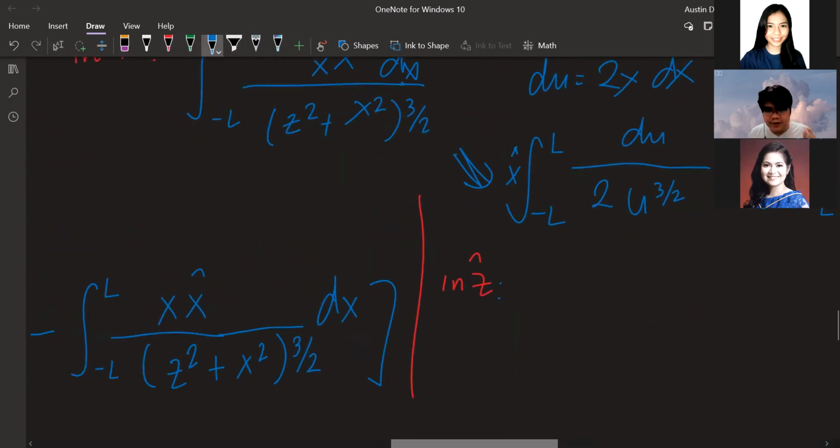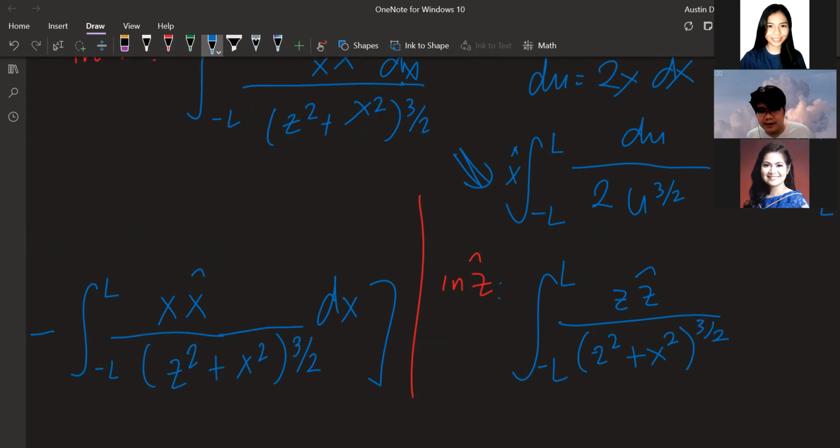Sana sumasabay kayo sa pag-solve no, para may hands-on talaga. Z hat, and then the integral from z squared plus x squared, 3 halves, tapos ito ay dx. Oops, sorry. What's that? dx.